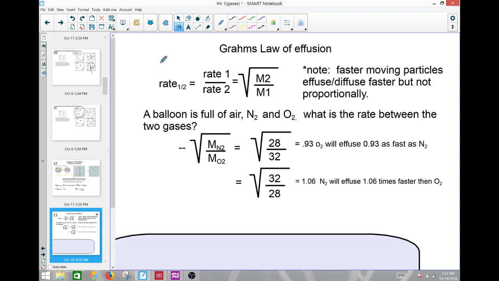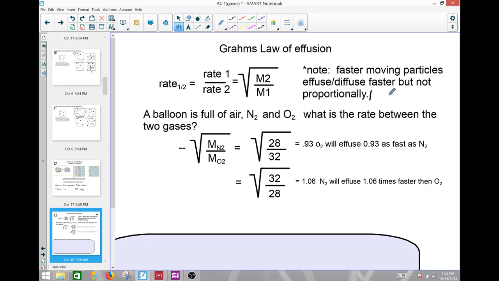The rate at which we effuse or diffuse correlates, not proportionally. Pay attention, because this square root takes the proportion out of it. Fast moving particles effuse faster, but not proportionally. A particle moving twice as fast is not going to effuse or diffuse twice as fast. It will go faster, just not twice as fast.